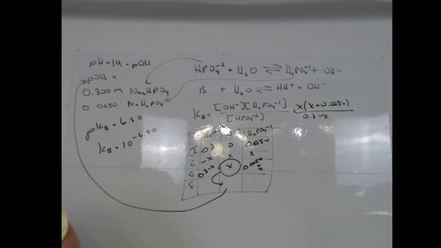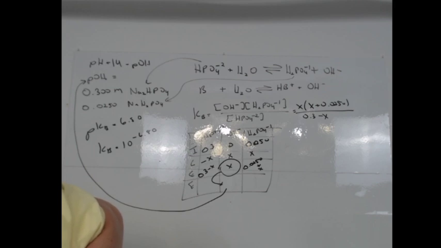Nobody's not seeing it, so let me see if I can find it really quick. So to answer Abby's question, if you go to the packets, pH from pKb, basic buffer, that is 0.2 molar Na2HPO4 and 0.025 molar NaH2PO4.